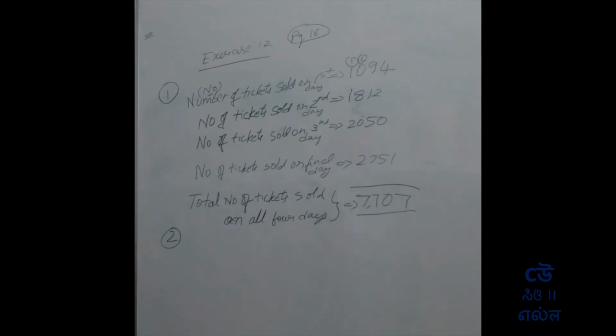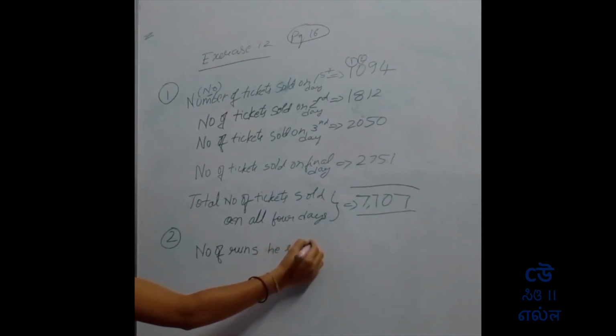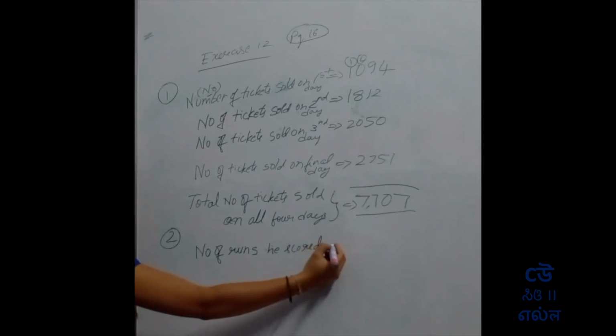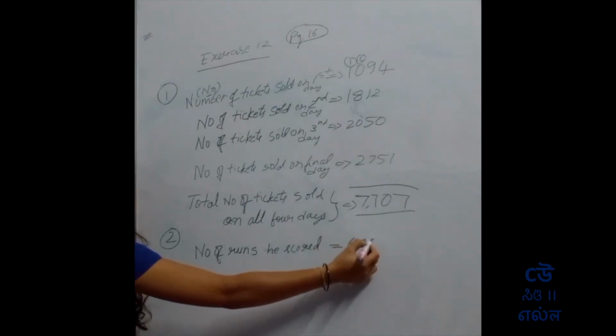So far he had scored how many runs? Number of runs he scored is equal to 6980.